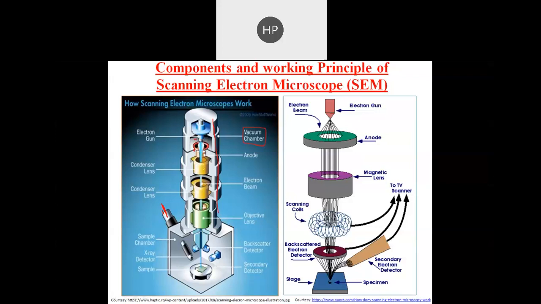Then we have a condenser lens, a magnetic lens to focus the beam. There may be various stages of the condenser lens.